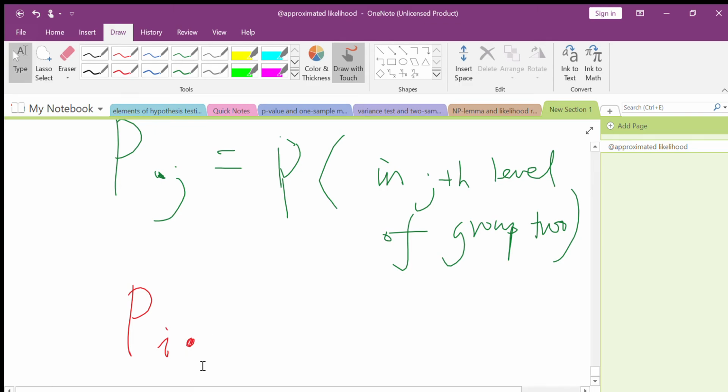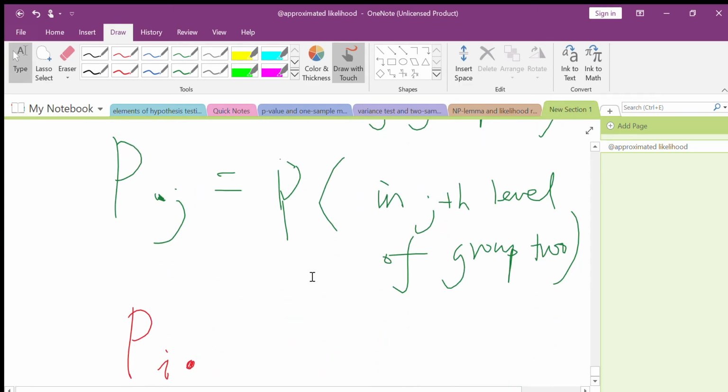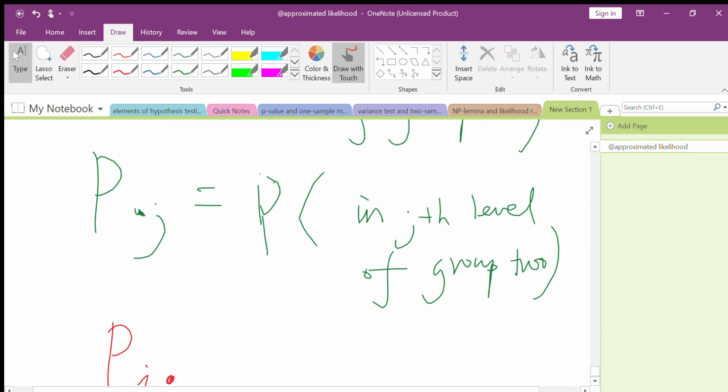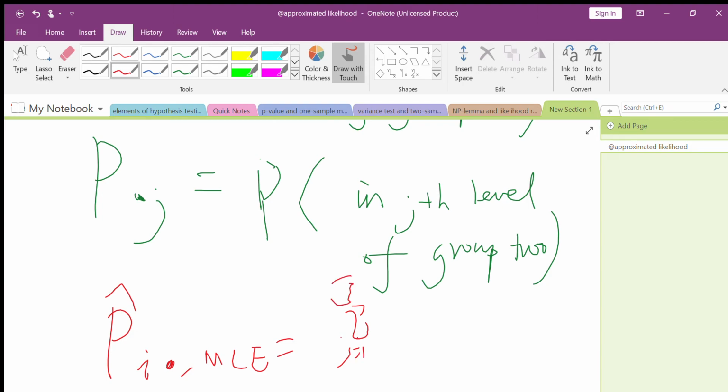The pi dot, the probability in the ith level of group 1, using the principle of MLE, pi dot hat, is simply, as we have done many times, the summation over j from 1 to capital J of small xij, divided by n.